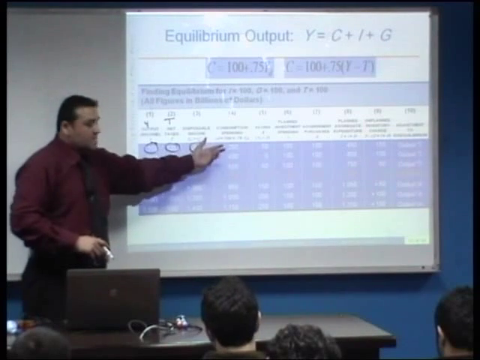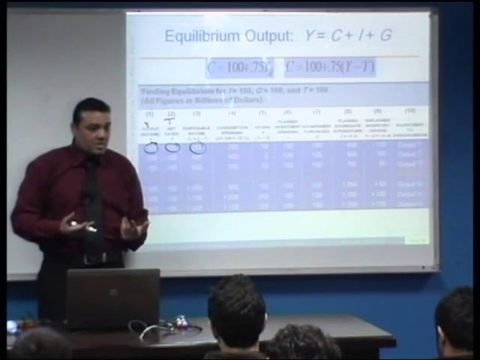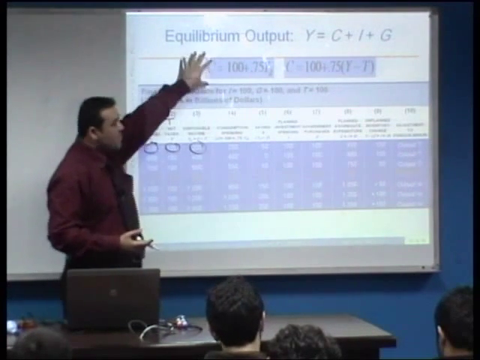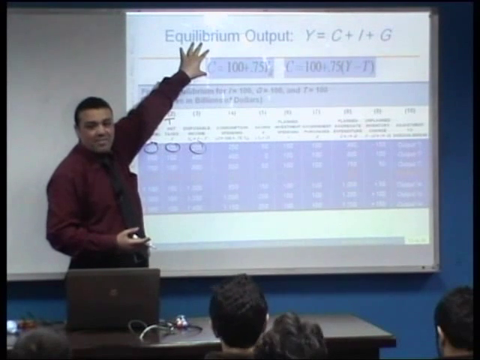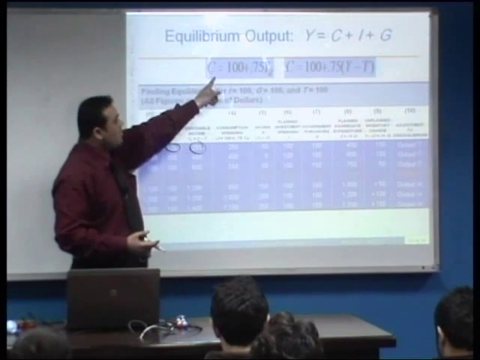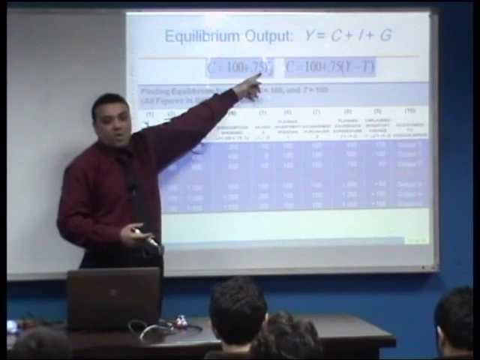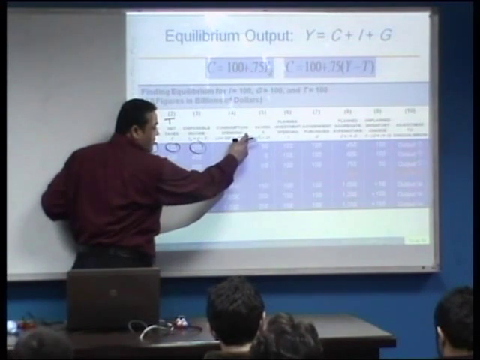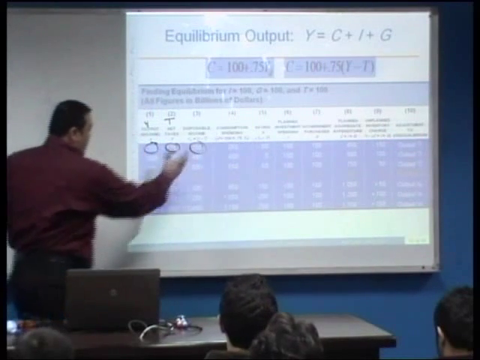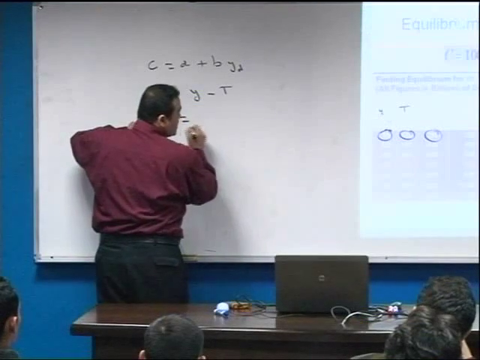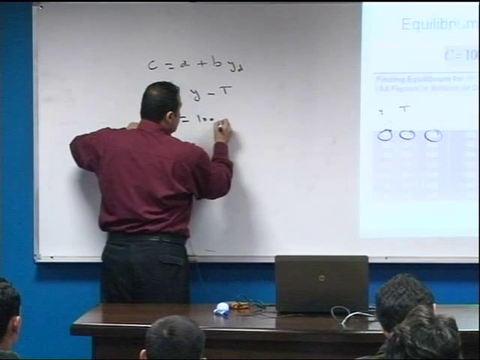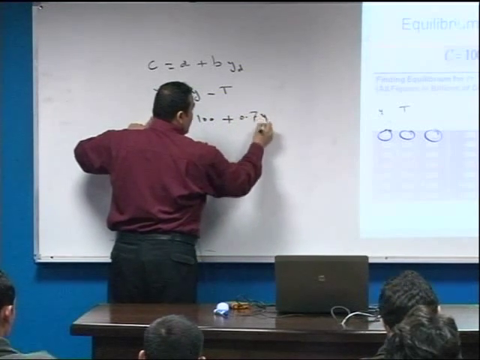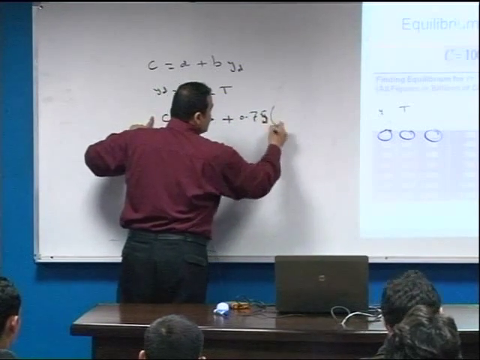So is it easy to calculate the consumption? Yes, because we have the consumption function C equals 100 plus 0.75 YD. For the first case, C equals 100 plus 0.75 times YD.